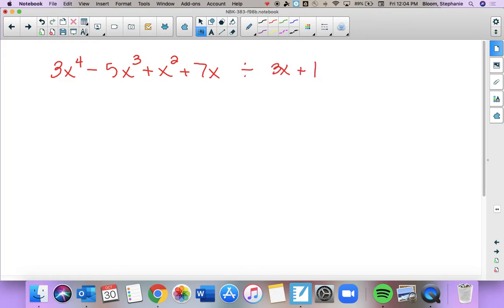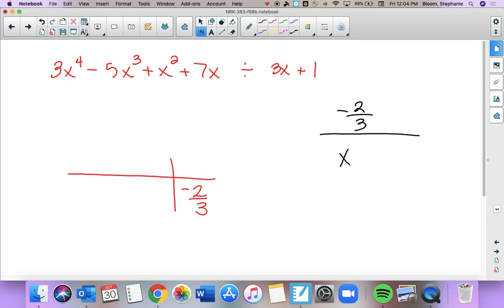Okay? And what was our remainder the first time we did it? -2/3? Okay, so in your final answer originally, we had -2/3 divided by x plus 1/3, right? Which we couldn't do. We had to keep change flip. And so what did the remainder become once we did the keep change flip?